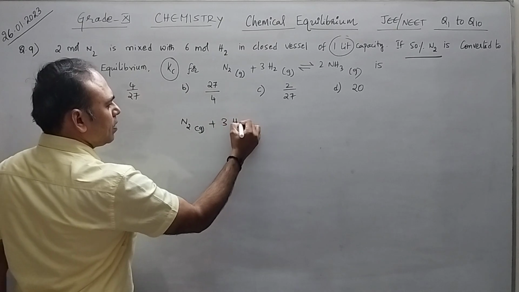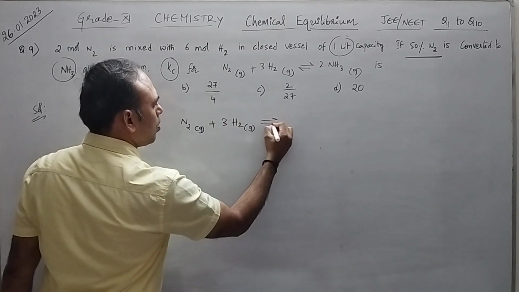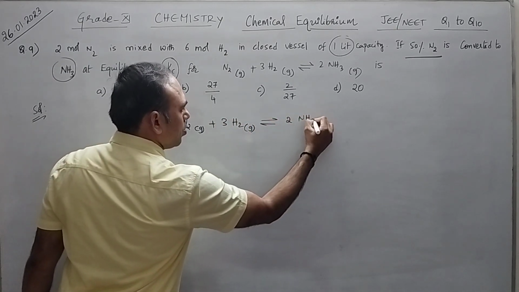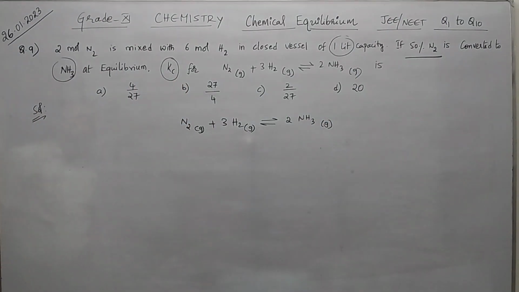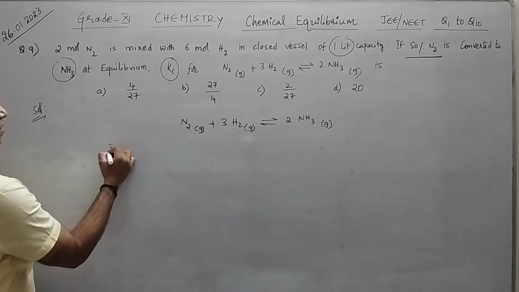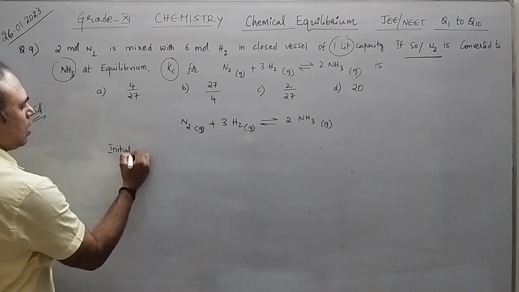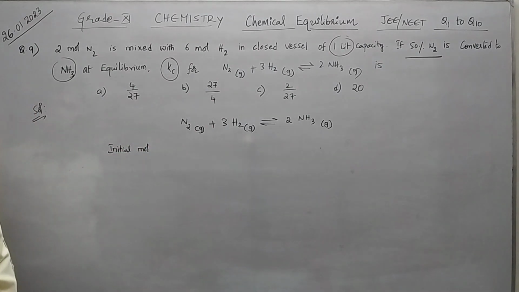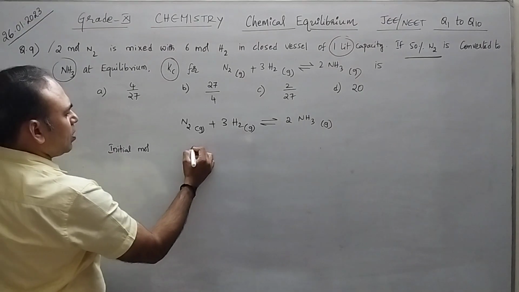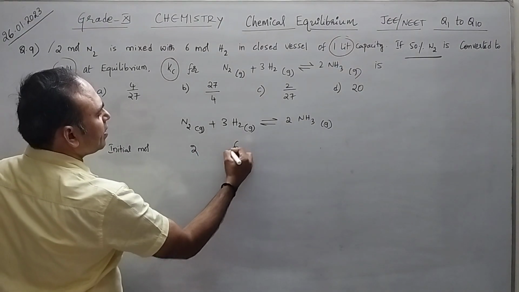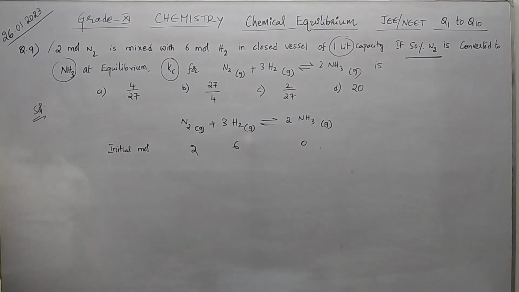N2 plus 3H2 gives 2 moles of ammonia. This is Haber's process. Now what is given, if you write like this, initial moles, so here they have given 50%, that we will calculate. 2 moles N2, so let us write 2 moles and here it is 6 moles, product is not formed.